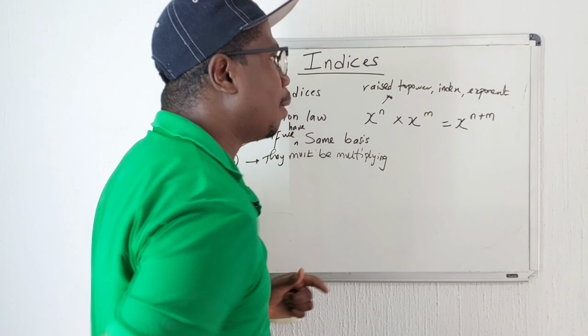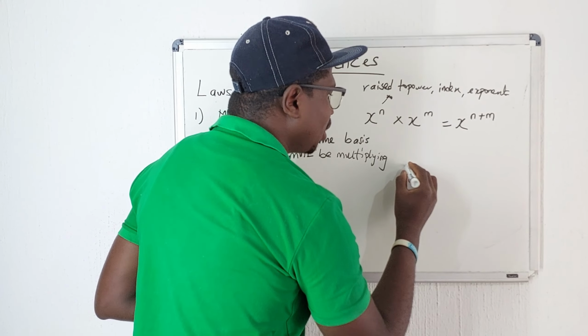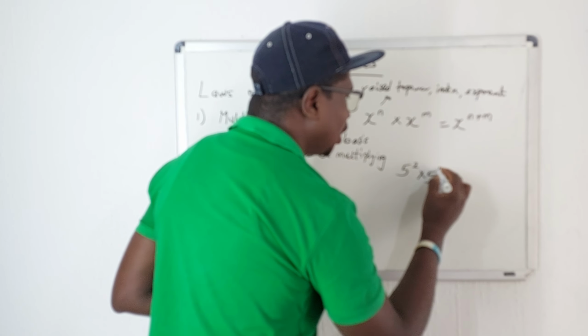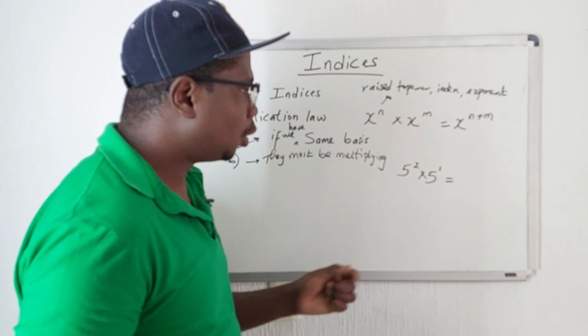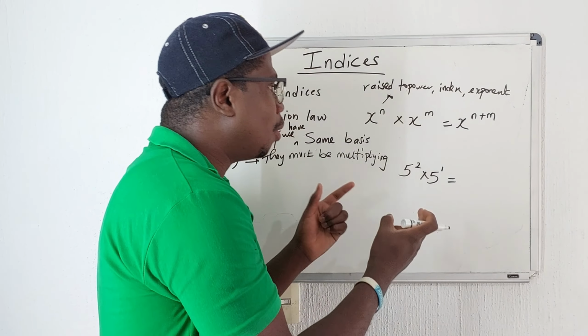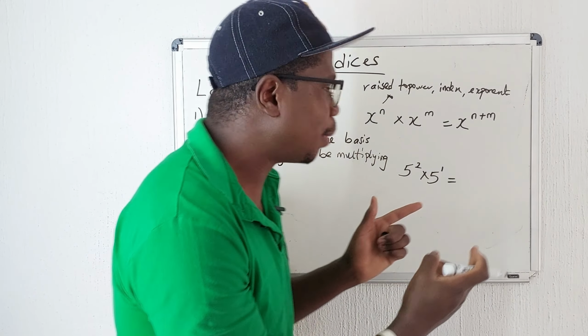For example, if I have 5 raised to the power 2 times 5 raised to the power 1, you can see the bases are the same. The base is the one below, while the exponent, power, or index is the one above.